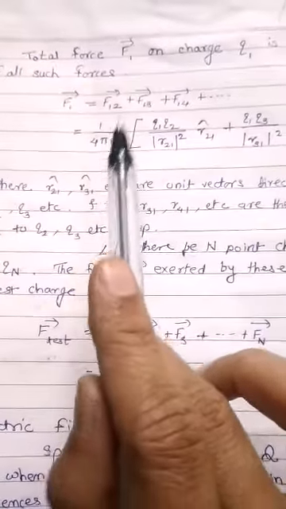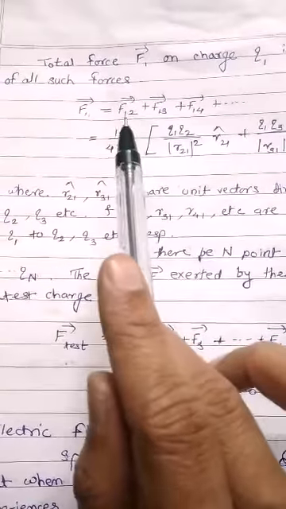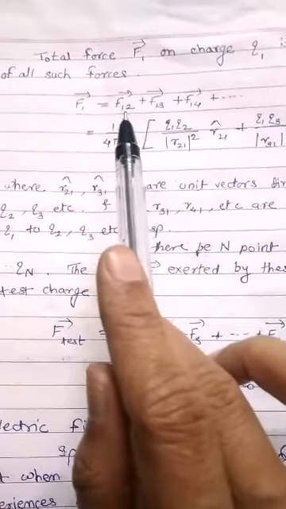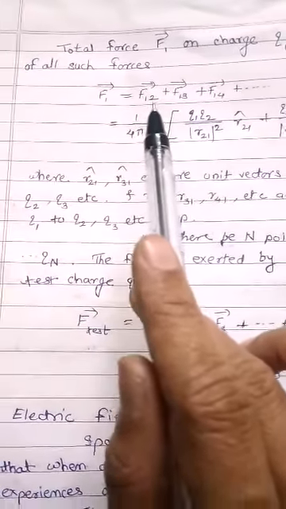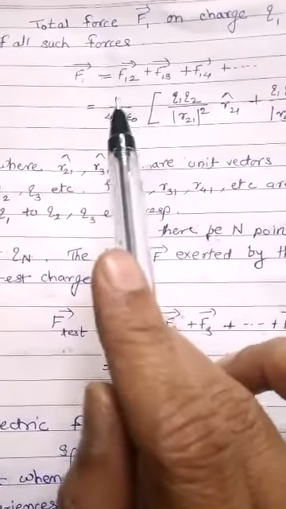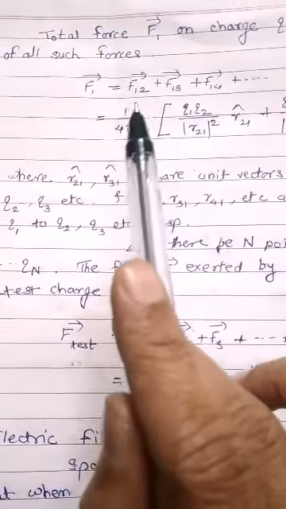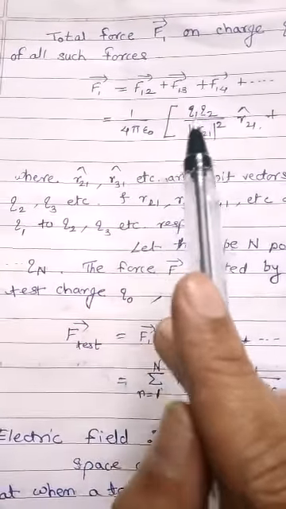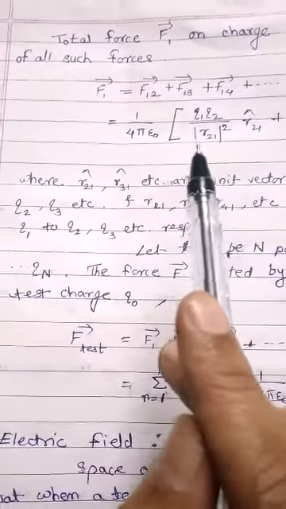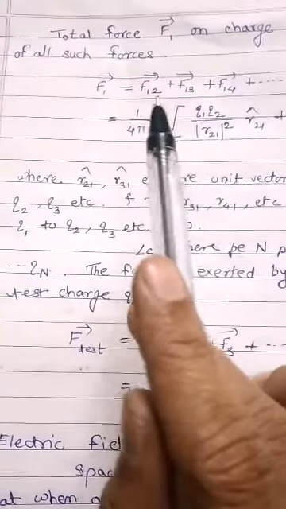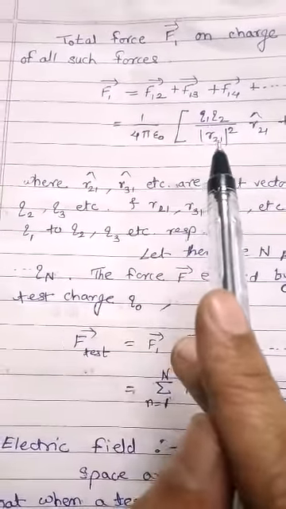We know the magnitude of the Coulomb force, because this is the electrostatic force, is 1 upon 4 pi epsilon naught, Q1 Q2 upon r squared, where r is the distance between the two charges, here r21.